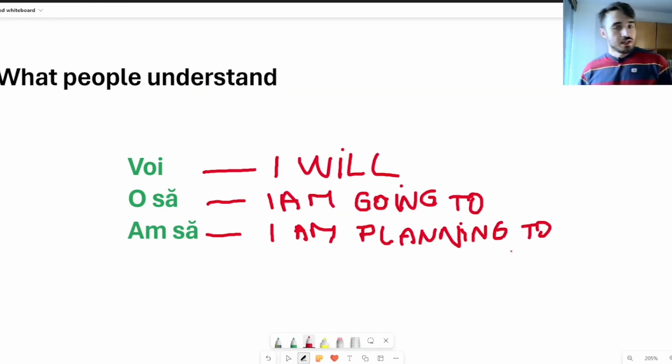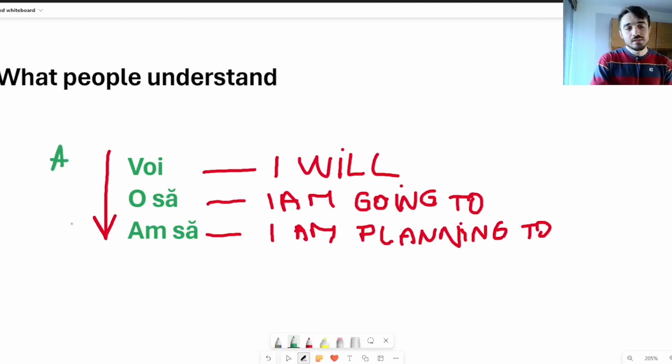Yeah, so they are slightly different when it comes to what people understand and how it's used based on that. They all express future. They all have nuances. The more advanced you will get, obviously, the more comfortable you will be to use this. I would say the voi form is an A kind of level. Yeah, A1, A2.